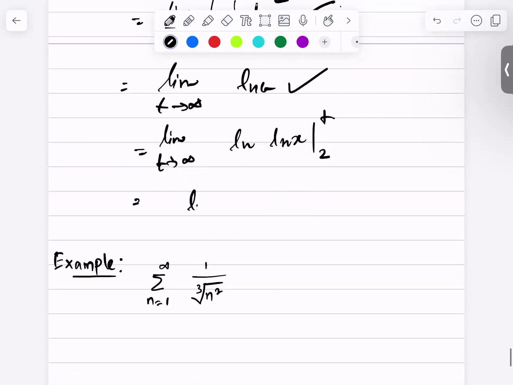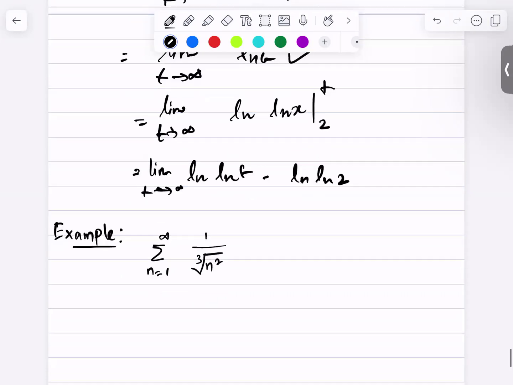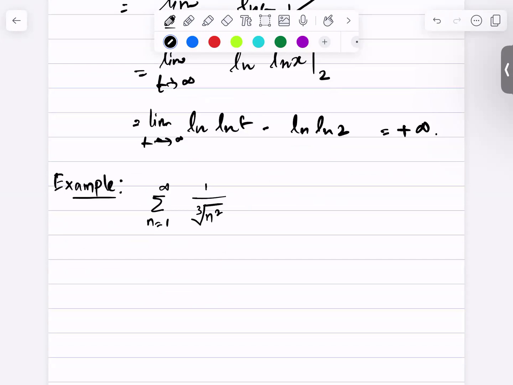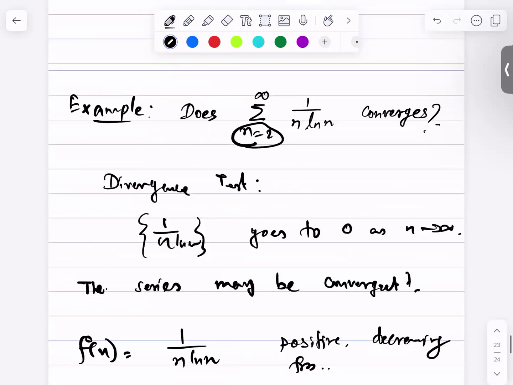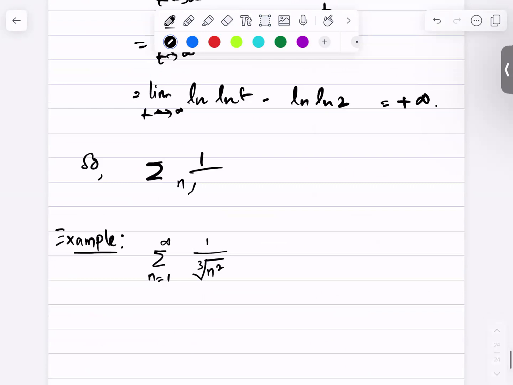Then this is ln t minus ln 2, where the limit as t tends to infinity. And of course, this is just plus infinity because ln t goes to infinity. So therefore, the series is divergent. So the summation of 1 over n ln n diverges by the integral test.